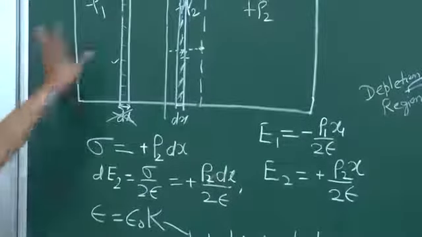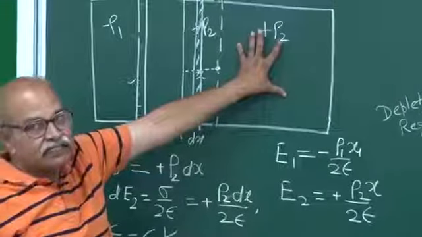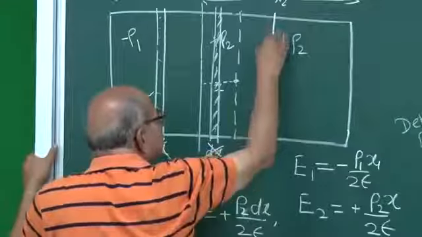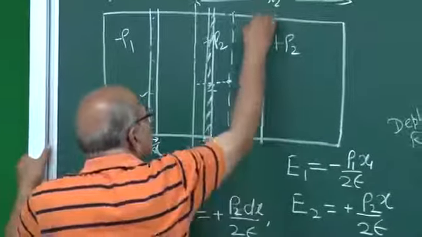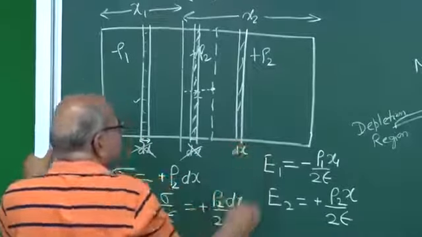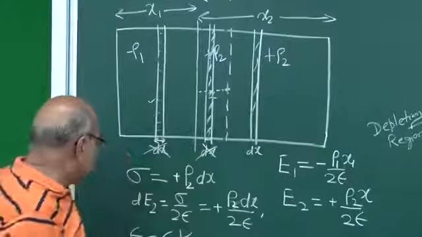What remains? The electric field due to this part, so let's calculate that also. Now let me take a layer here, this dx, and because of this you calculate the electric field here and then integrate from this point to that point. So once again you can write dE3.